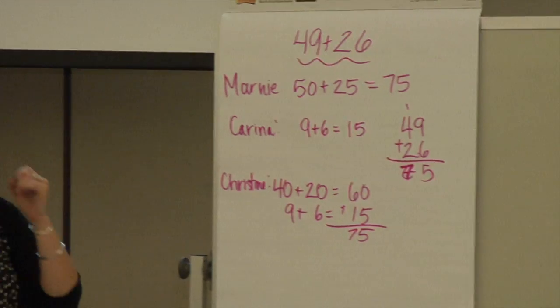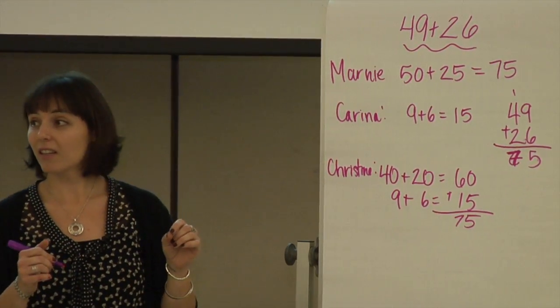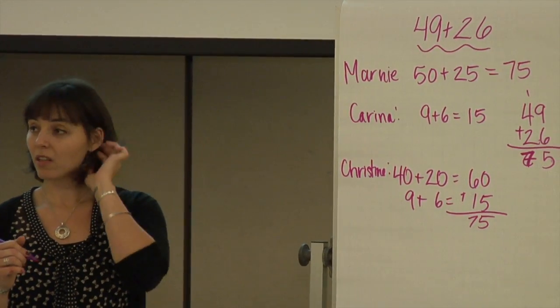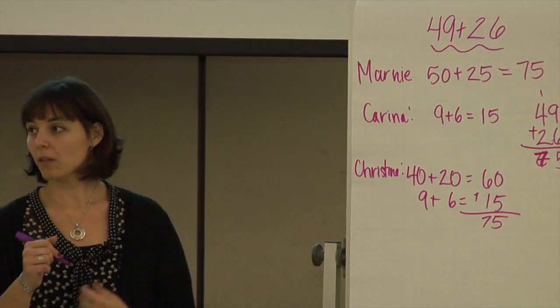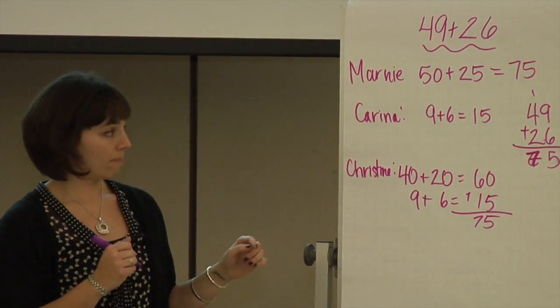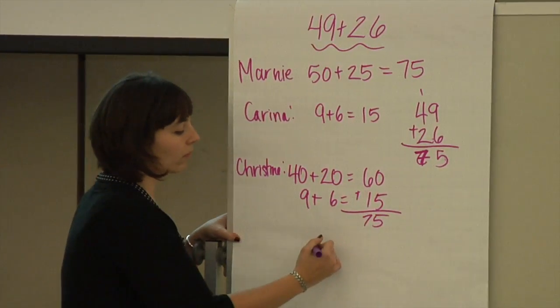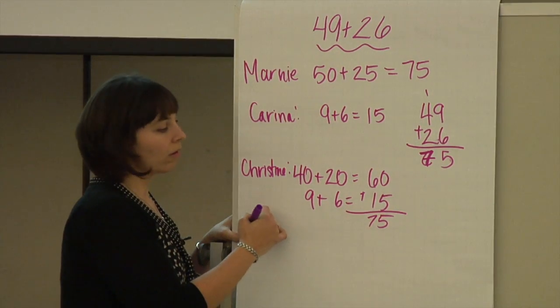Yeah? You do the ones and the tens. How so? I mean, that's just what I see my daughter doing. You do the 6 and the 9, you add that together, and then you go to the 10s, and I guess you have to add the 1.